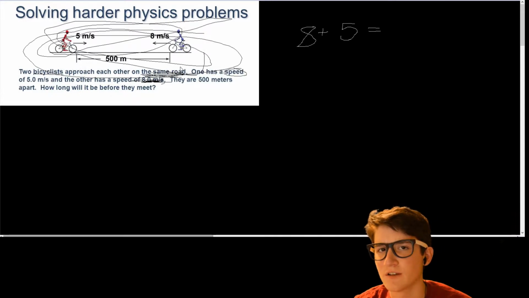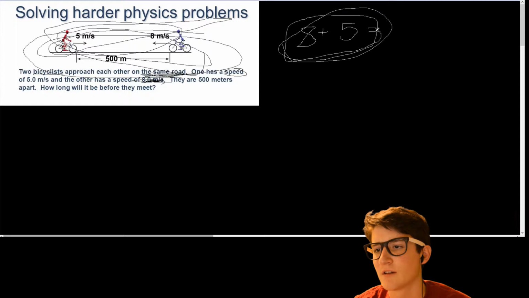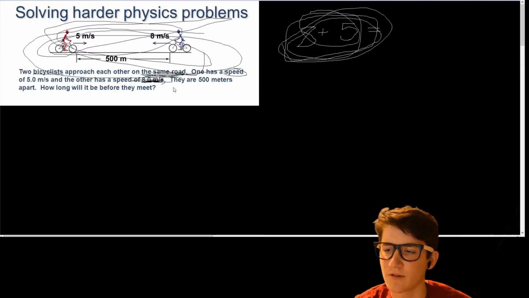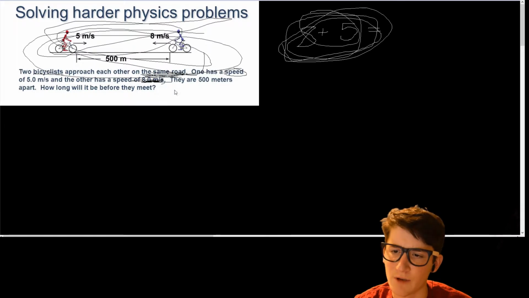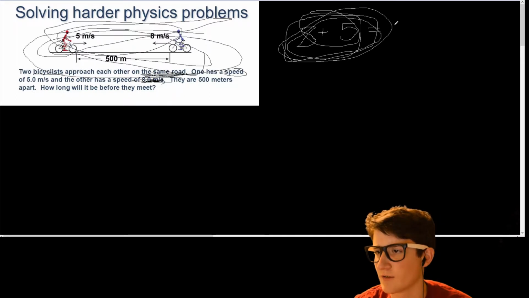Always use a calculator. These are the problems that you'll miss on the test, okay? 8 plus 5, 13. Make sure you write 13, otherwise you're going to get it wrong, okay?